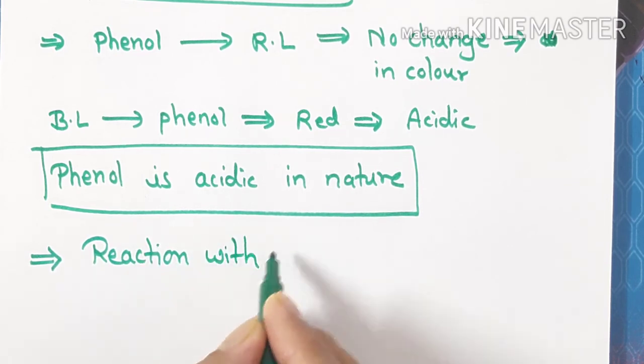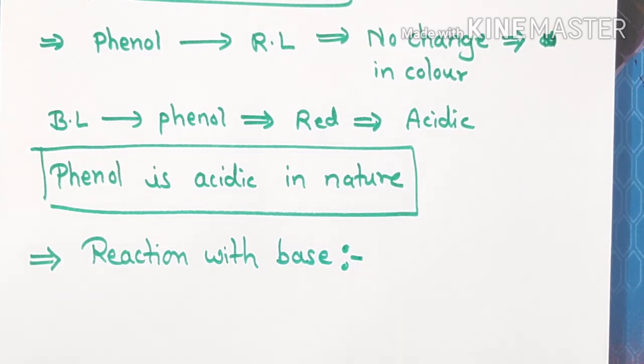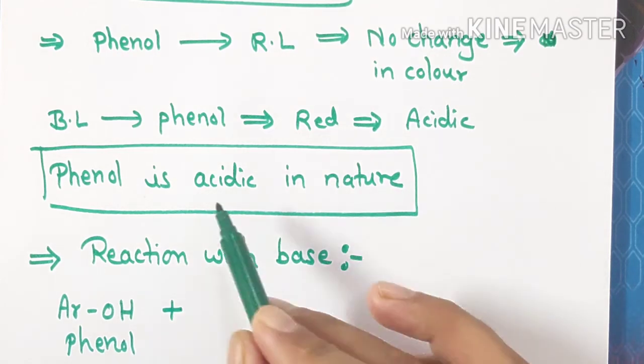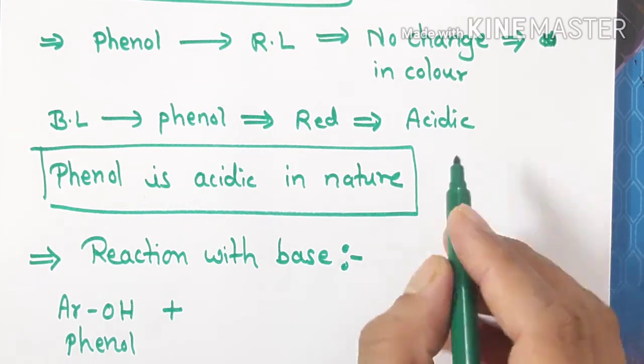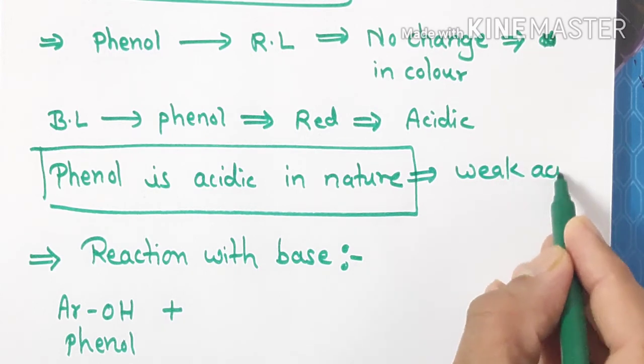Suppose I take phenol, ArOH. I take a phenol and I treat this. Actually, one thing, students: phenol is acidic, but is this a strong acid or a weak acid? Phenol is found to be acidic in nature, and this is a weak acid. Remember this. This is a weak acid.